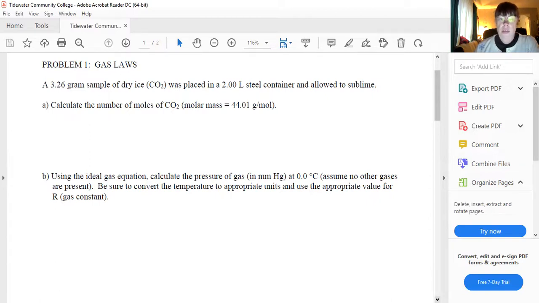If you are calculating the number of moles, you are supposed to assume a number of grams. So you have 3.26 grams of CO2. You are given the molar mass of 44.01. You need to convert from grams over to moles. This is just like things that were taught during first semester.